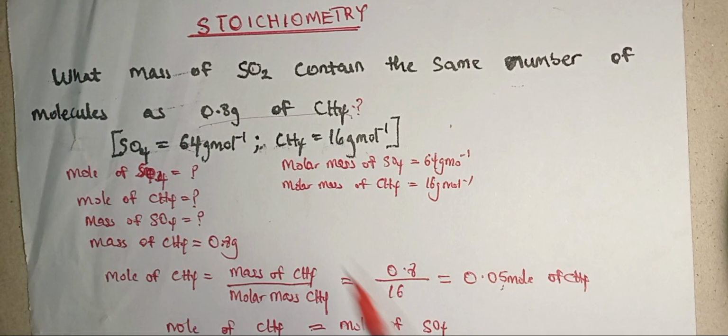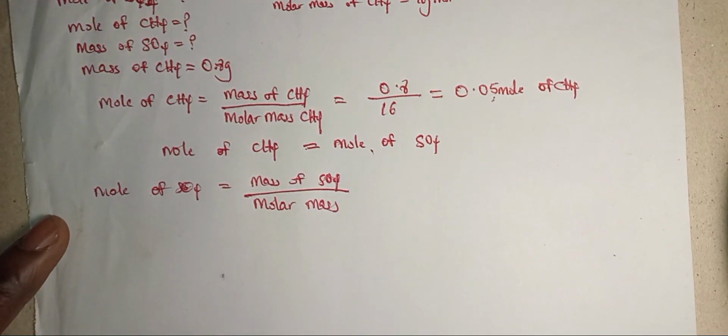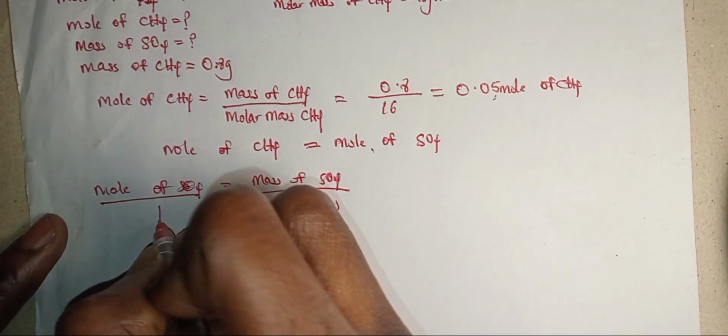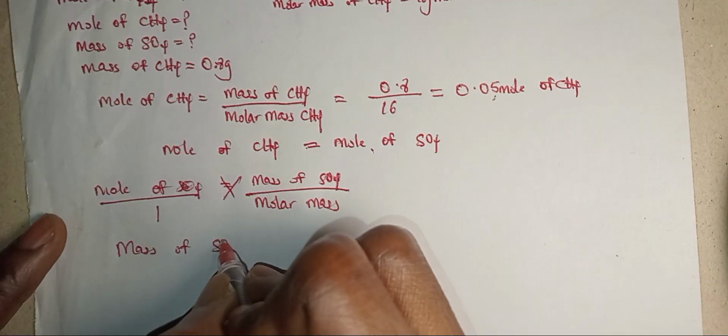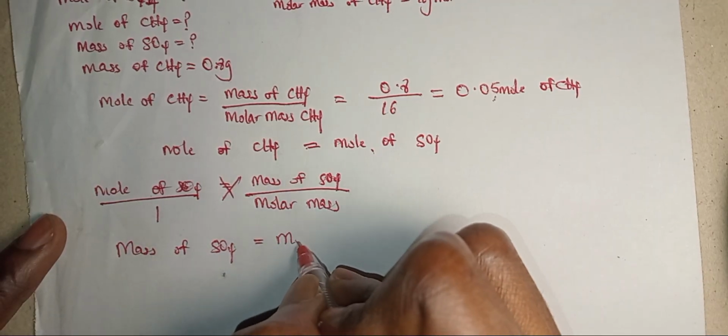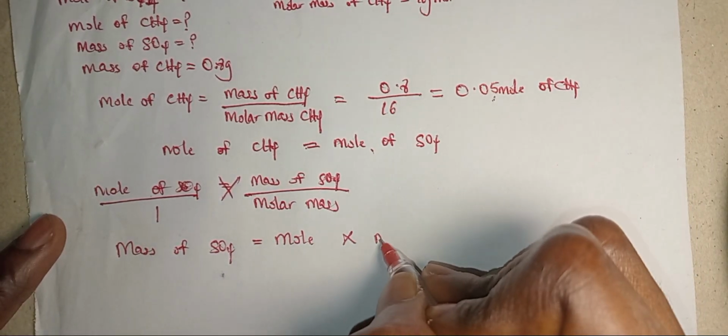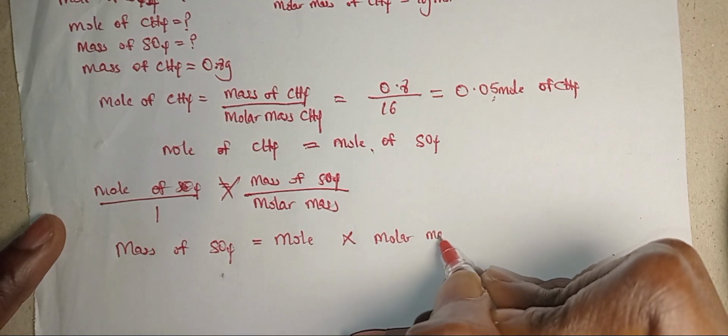We are solving for the mass of SO2. So here we are going to cross multiply. The mass of SO2 is equal to the mole multiplied by the molar mass.